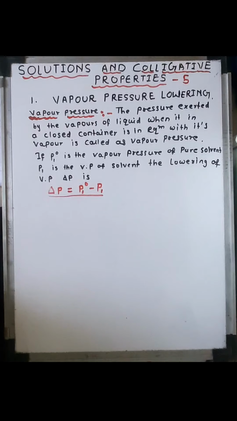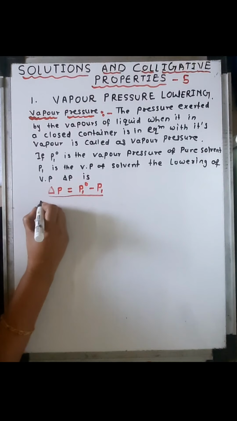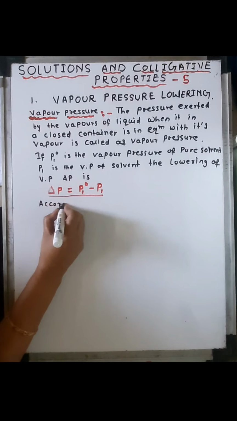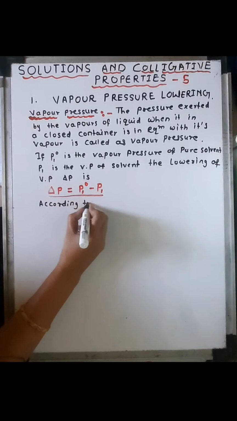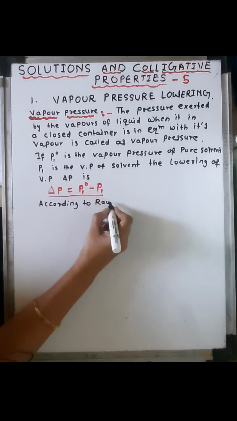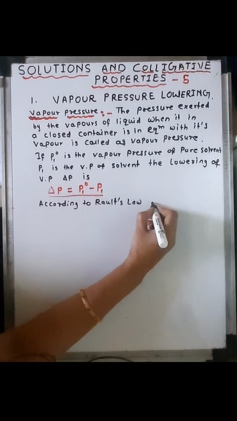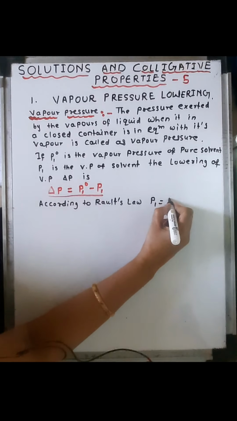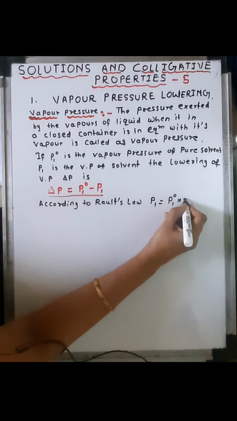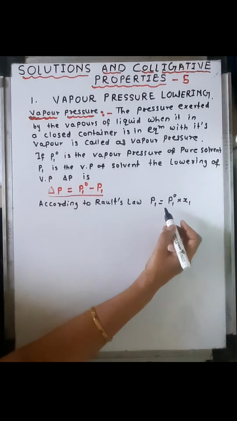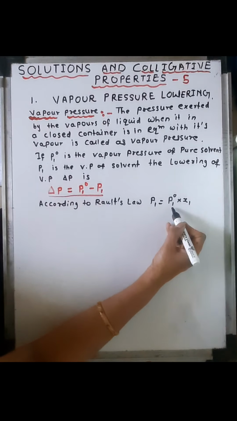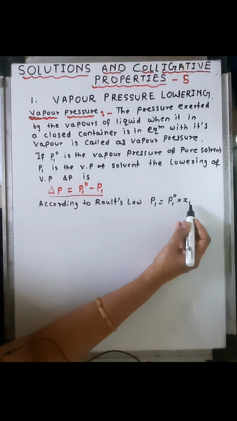Okay, according to Raoult's law, P1 equals P1^0 into X1, that is, the product of vapor pressure of pure solvent and its mole fraction.